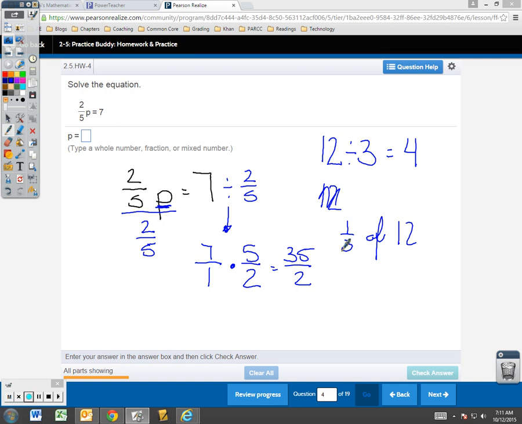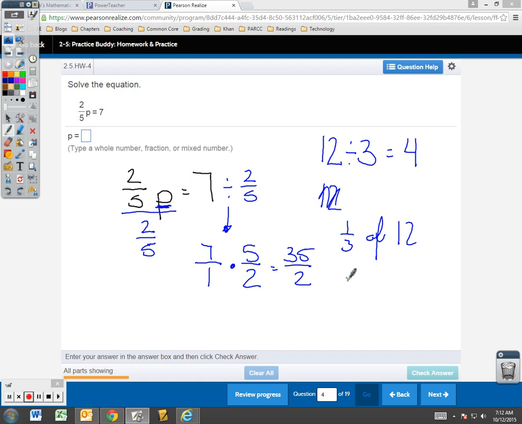Or if I were to break 12 up into 3 equal parts, so if you want to think about it this way, 1/3 of 12.